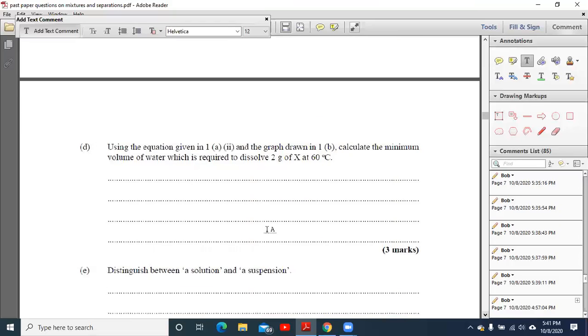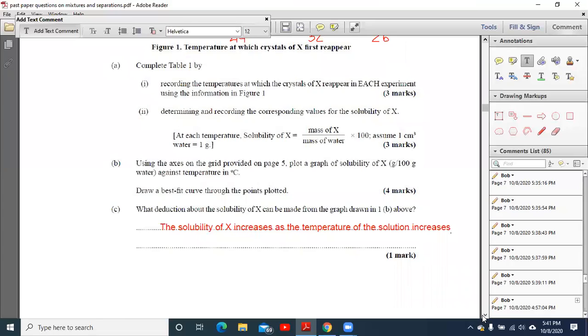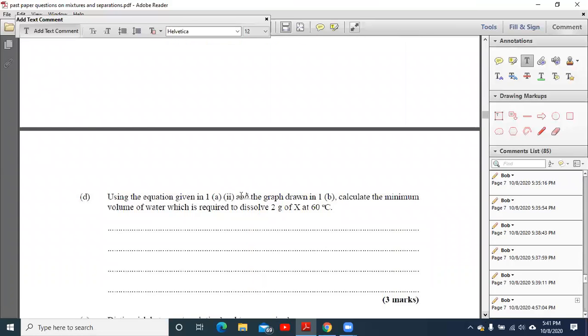Part D now, using the equation given in 1A, so the same equation here, and the graph drawn.